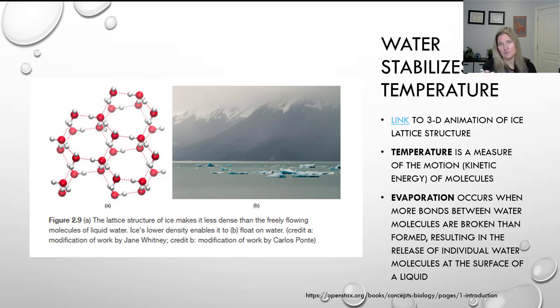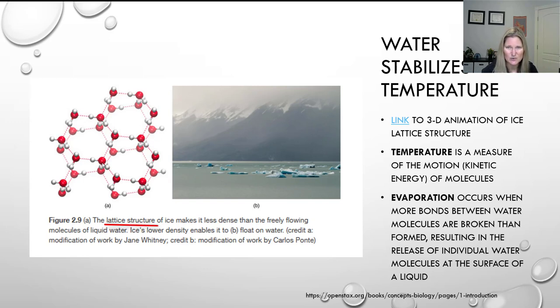If the temperature's at room temperature, the water molecules are moving. But as the temperature starts to drop, then the water molecules start to slow. And since they're slowing, we end up with the hydrogen bonds between the water molecules staying together longer. And when they do that, the hydrogen bonds form like a lattice structure with our water molecules.